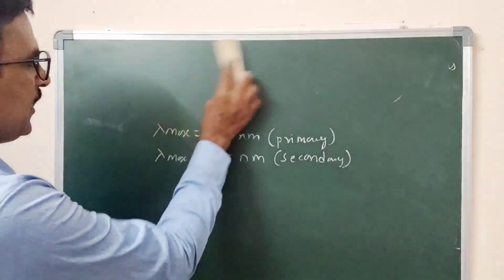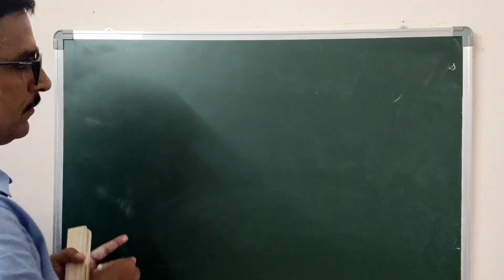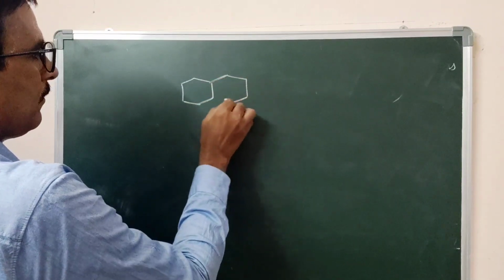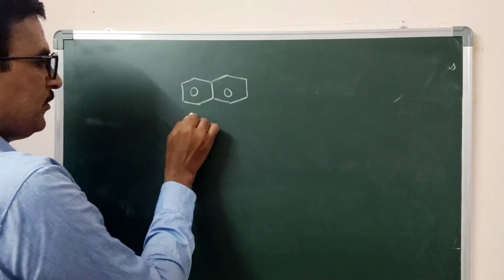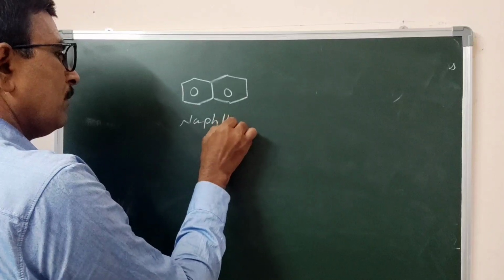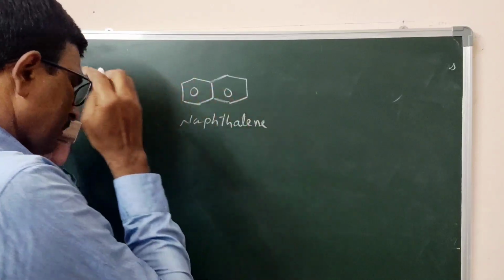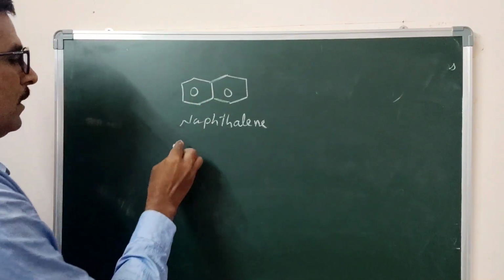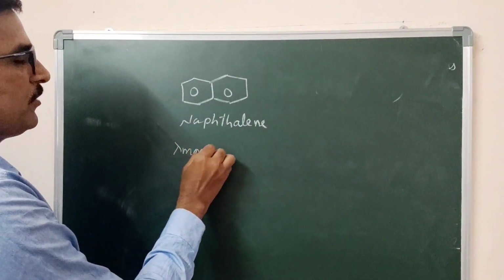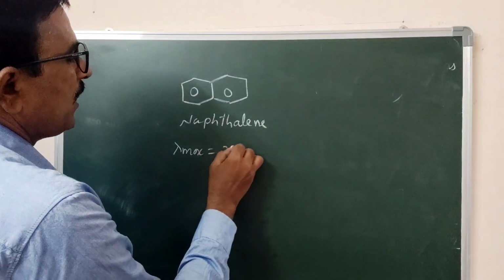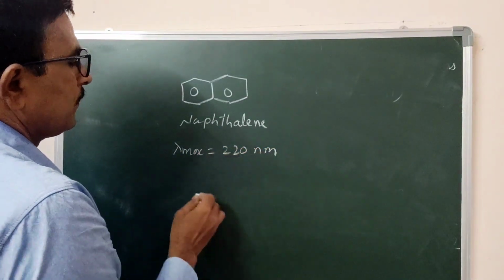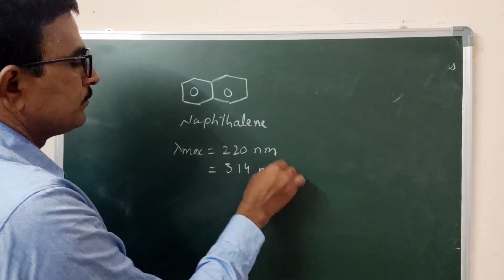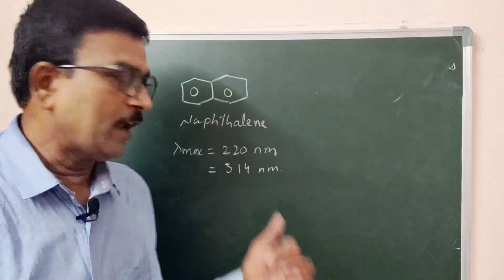Similarly, you take naphthalene. For naphthalene, the primary band appears at 220 nanometers, and the secondary band appears at 340 nanometers.